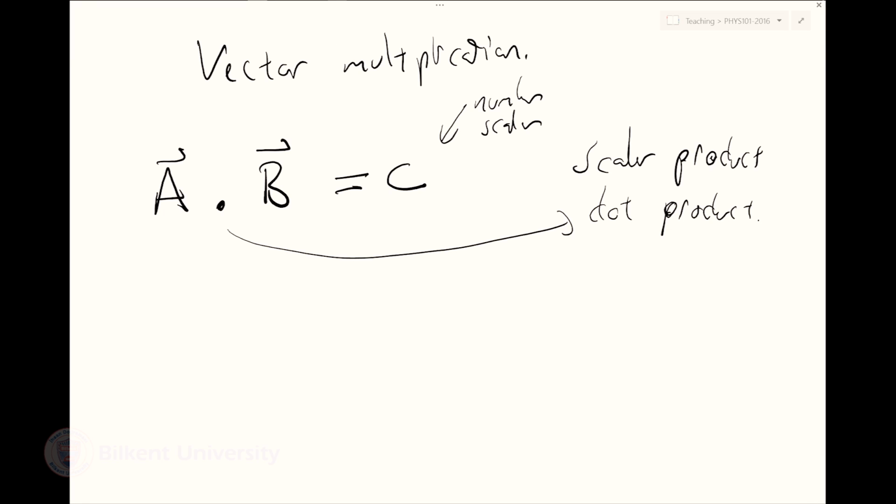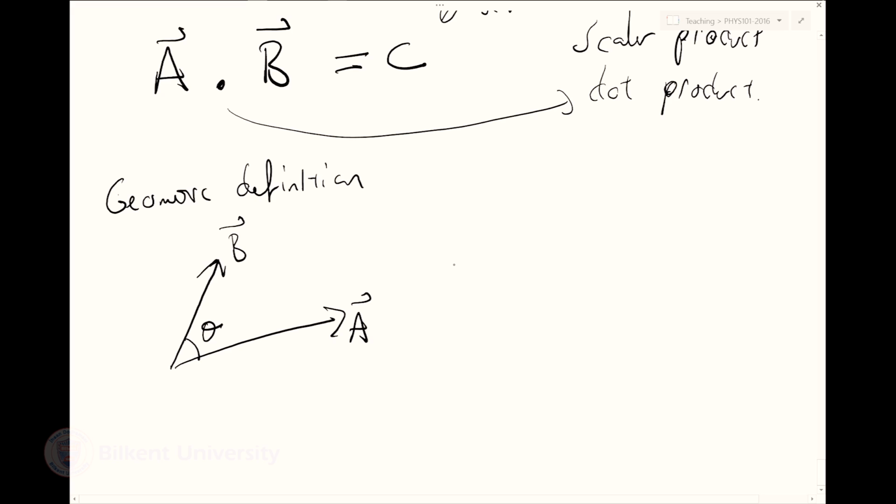Let me first give you the geometric definition. If I have 2 vectors, A and B, which make an angle theta, the geometric definition of A dot B is the magnitude of A times the magnitude of B times cosine of the angle between them.